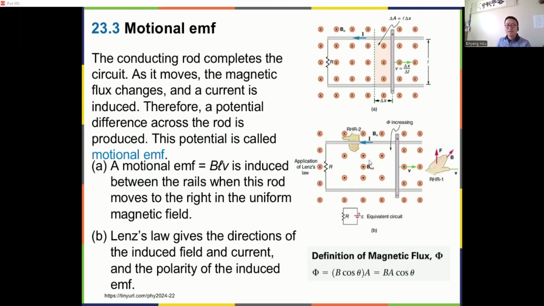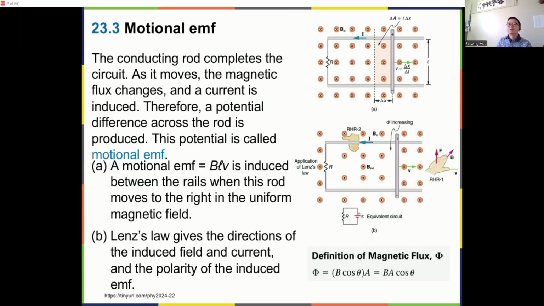Okay. All right. So the induced EMF in this case will be equal to BLV. We'll take a look at the derivation in a little bit. According to Lenz's law, that tells you the direction of the induced field and the current. So that's what we just did with right hand rule number 2. And here's another, right hand rule number 1, which gives you the force.